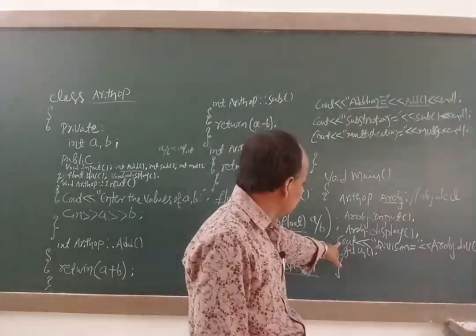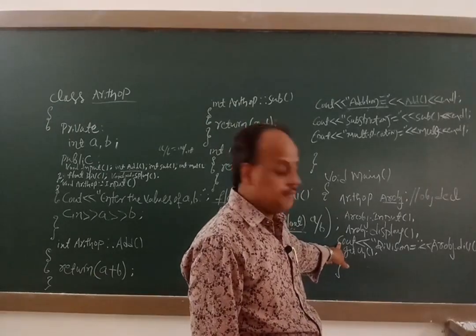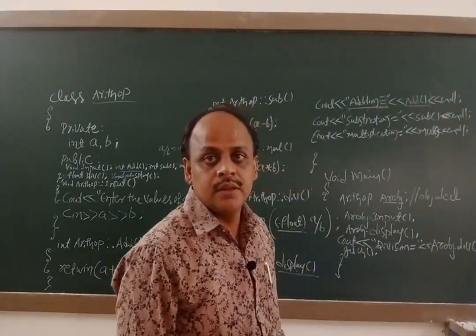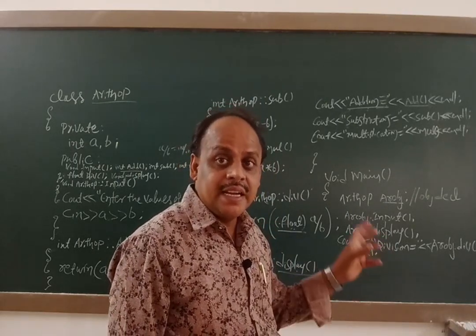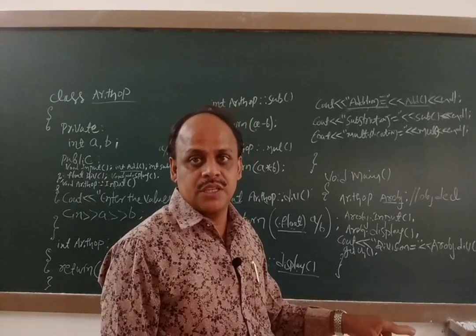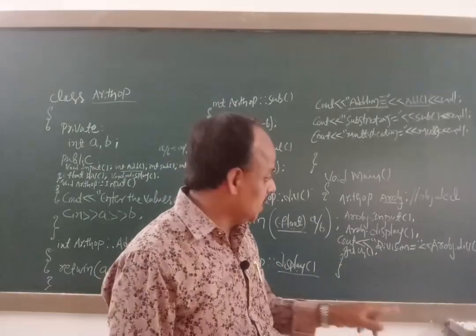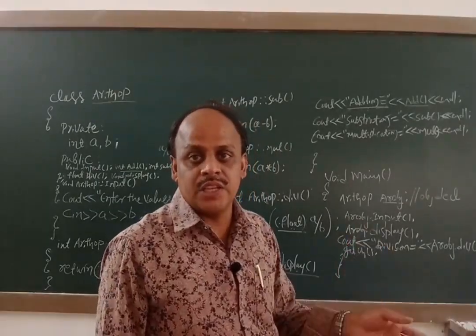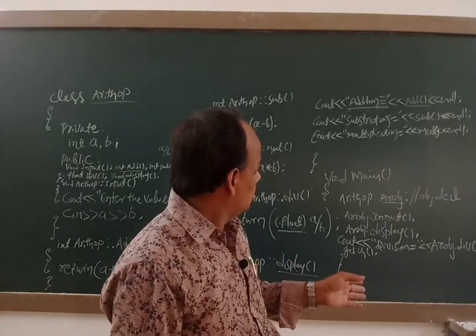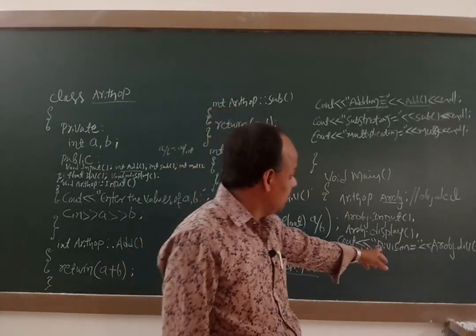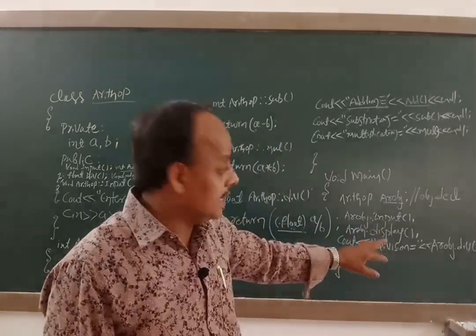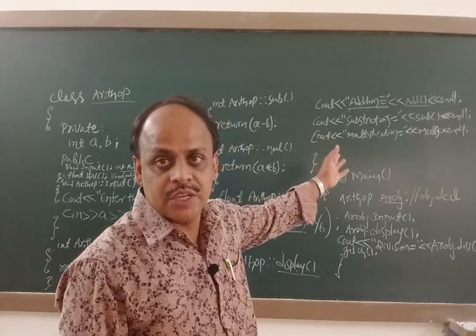In the main function, one cout statement is there, that is cout division is equal to. So we are printing the division answer in the main function. That's why, for division is equal to, don't write a div function directly, because the division function is not in the main function, it is outside the main function.